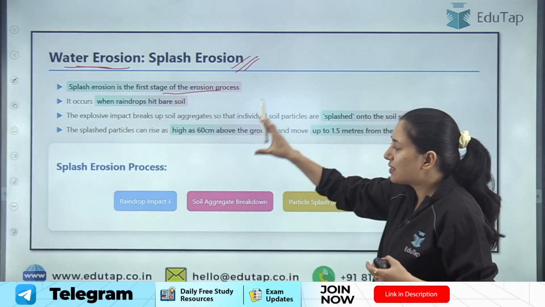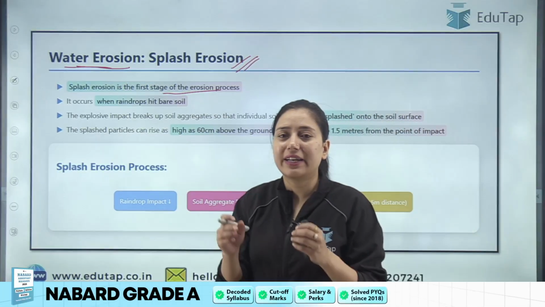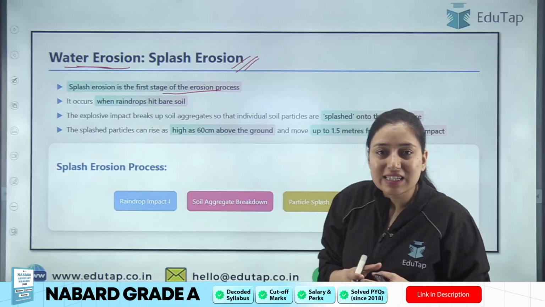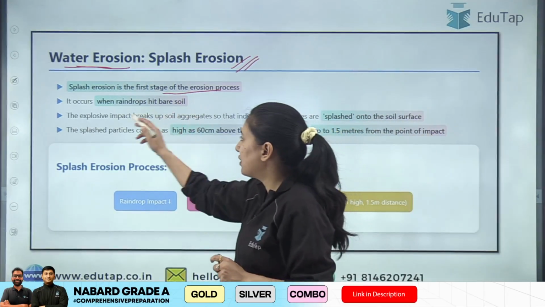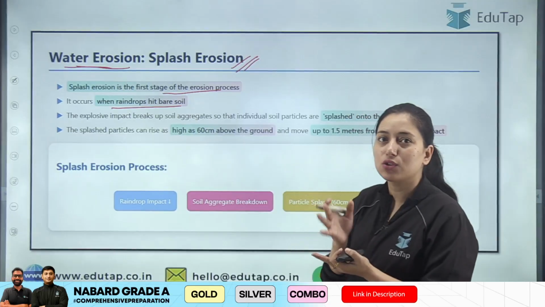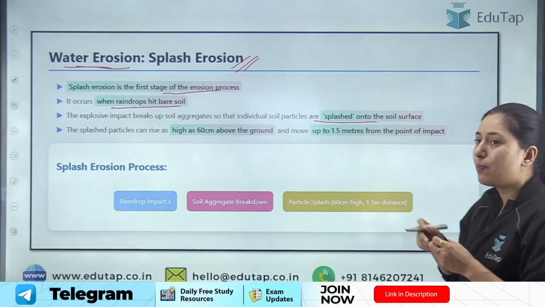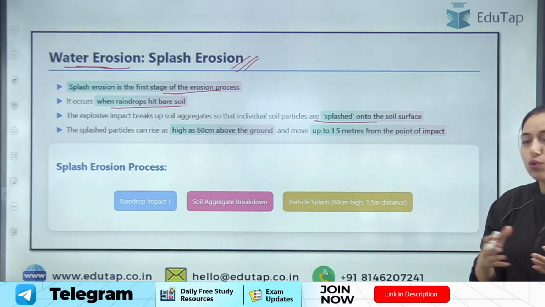What happens here is that when a raindrop hits the bare ground, it detaches soil particles from it, and this is known as splash erosion. Clear? So it is the first stage, when a raindrop hits bare soil, the soil particles are splashed onto the soil surface, and become prone to erosion.